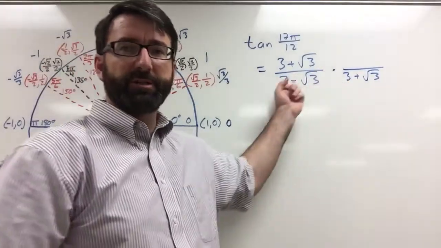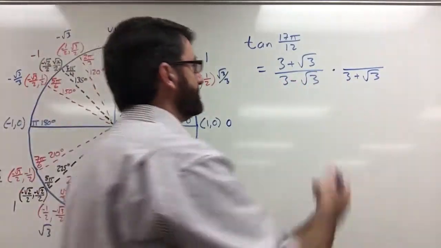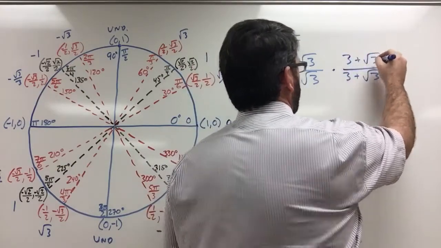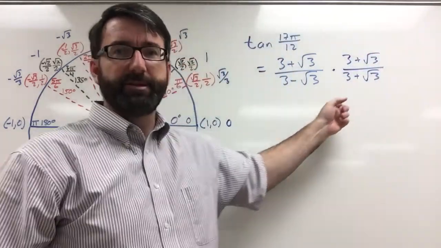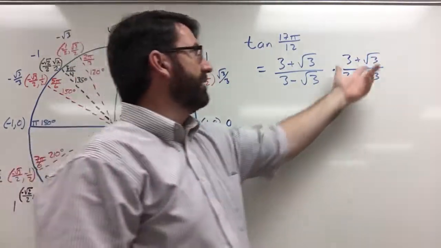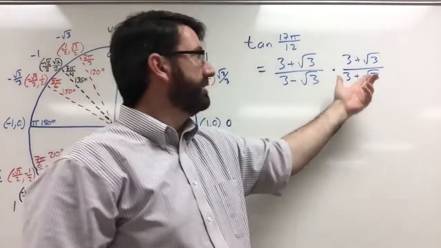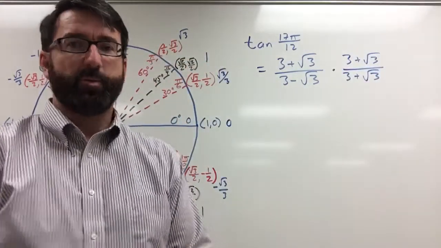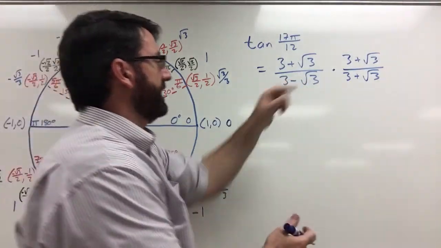And of course, if we multiply the denominator by something, we also have to multiply the numerator by that same thing. And the reason we're allowed to do this is because if we multiply both top and bottom by the same thing, we're really just multiplying by 1. Because 3 plus the square root of 3 over 3 plus the square root of 3 is just 1. All right, let's go ahead and do that.